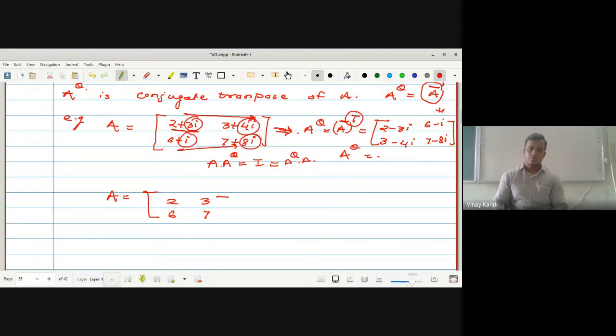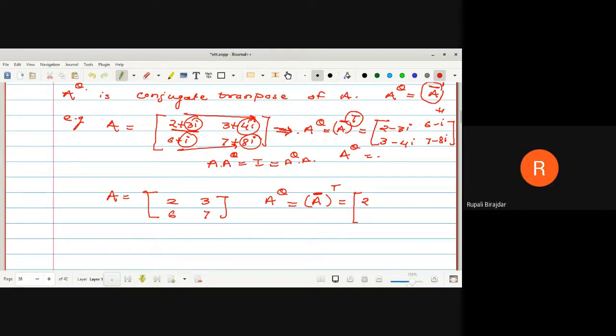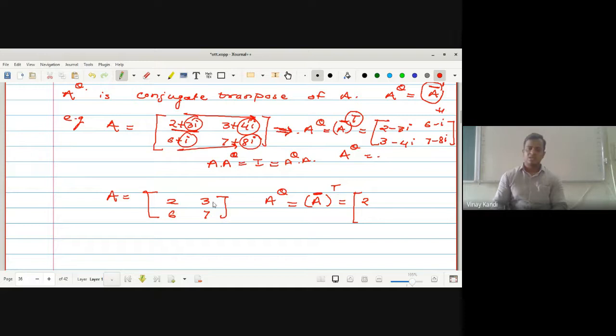What is A theta? A theta is nothing but the complex conjugate transpose of A, the transpose of the complex conjugate, which is equal to the conjugate of real numbers, which will be 2, the same, and 6. It will be 2. After transposing, where will this 3 come? Below. And this one is 6 and 7.